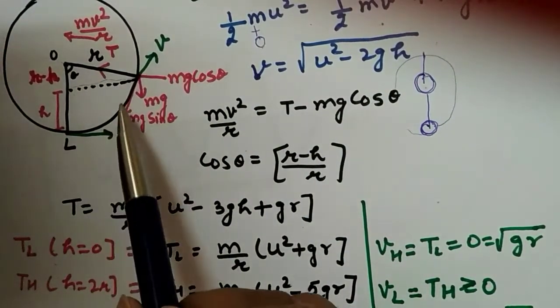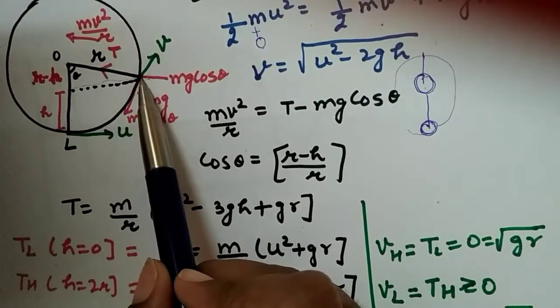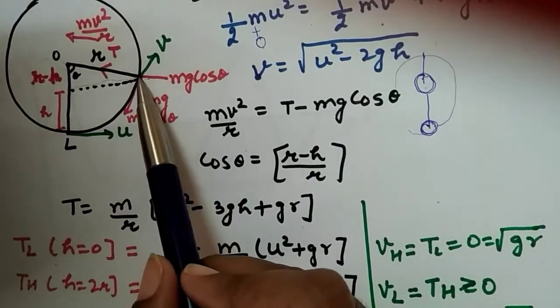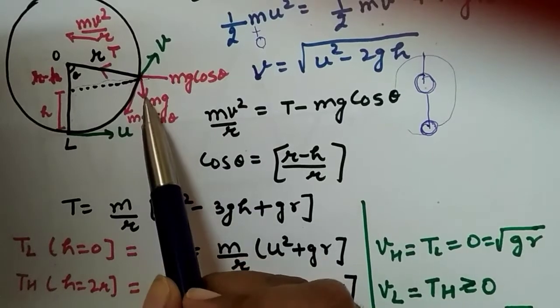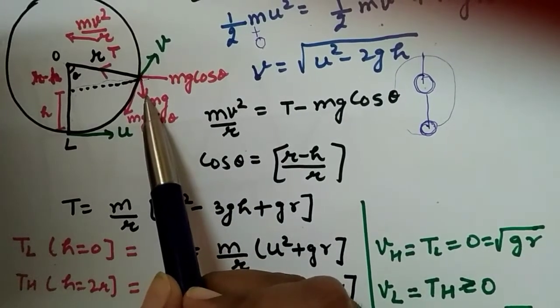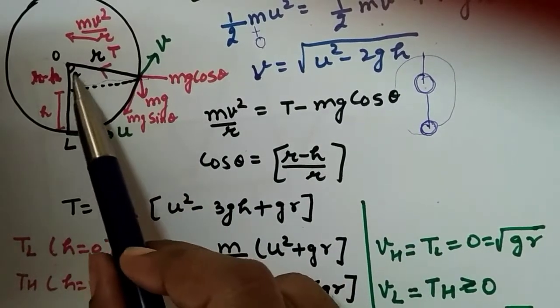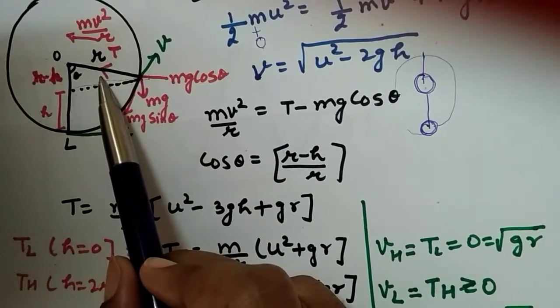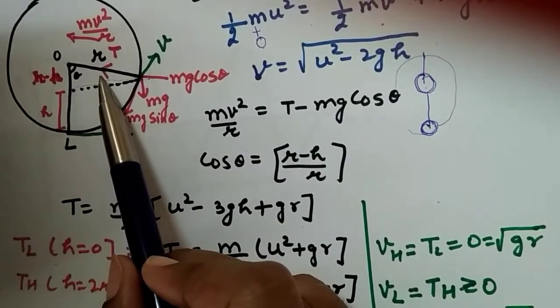In this case I am now incorporating tension in the string also. The weight of this person at this point will be directly downwards, mg. Tension in the string will be like this. There is no string, but that person will feel a tension.